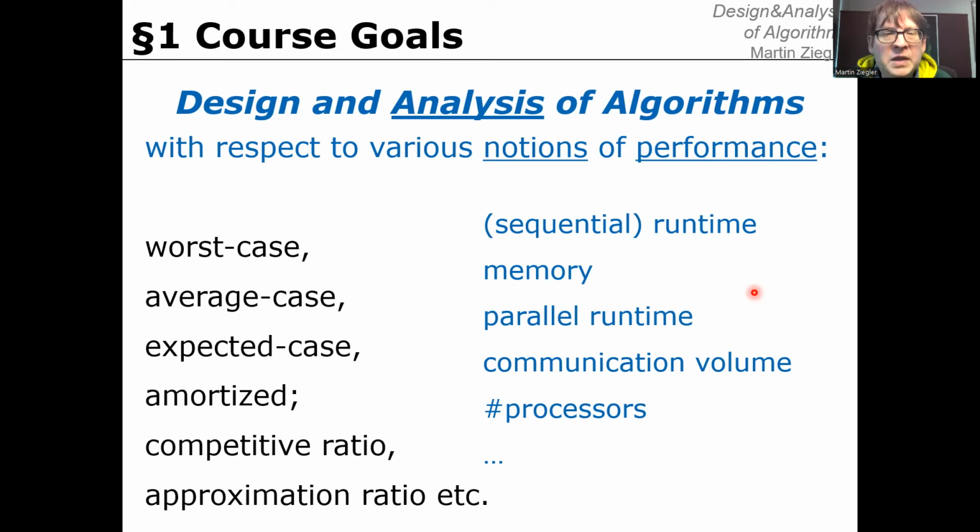So all these are important aspects that we will explore in this course, building on top of and going beyond the undergraduate Introduction to Algorithms course.